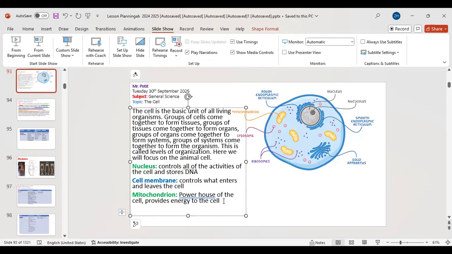Then we have the cytoplasm. What is the cytoplasm?